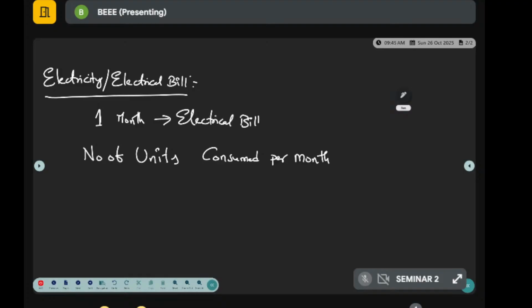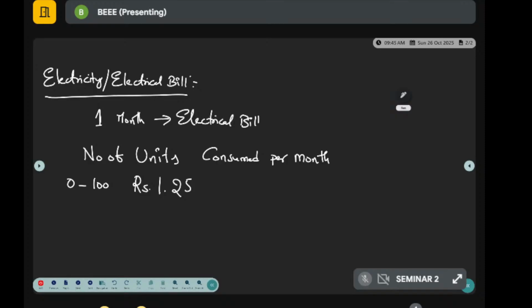Now, after knowing the number of units, for example, this is for individual household consumers: if you consume 0 to 100, they will charge 1.25.